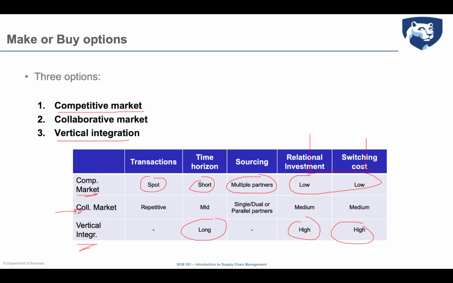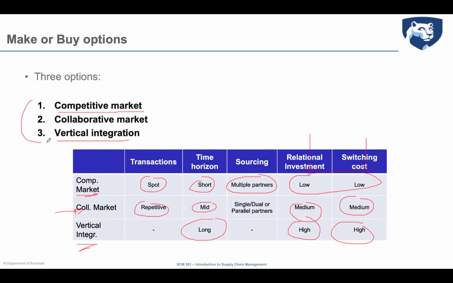Collaborative market means establishing partnership with some suppliers that are part of the supply network for repetitive transactions with a mid-term time horizon, because the partnership is supposed to be extended for more than one year, where usually strategies are single or dual sourcing or parallel, to create loyalty in the supply network, with relationship investment from both parties, the fact that the supplier commits himself to the customer and the customer commits himself to the supplier with long-term contracts, and with switching costs that are medium, because again, once you are in a partnership, reversing the decision is not so easy.